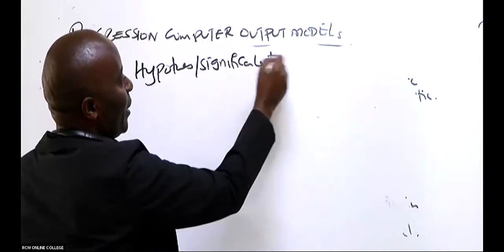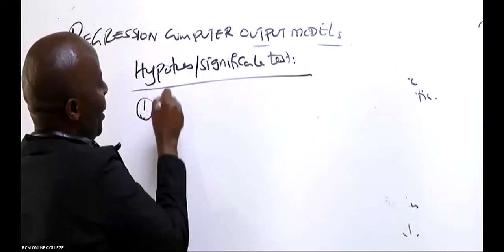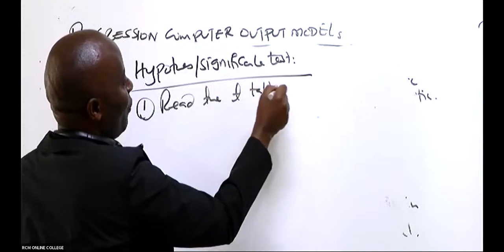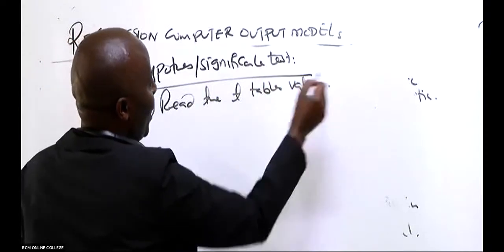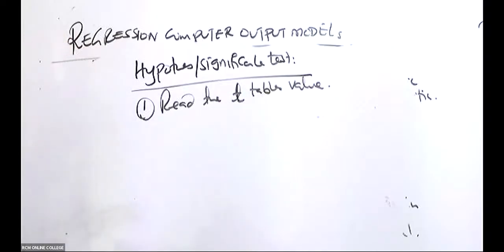Number one, read the T tables value. You read the T tables value first.